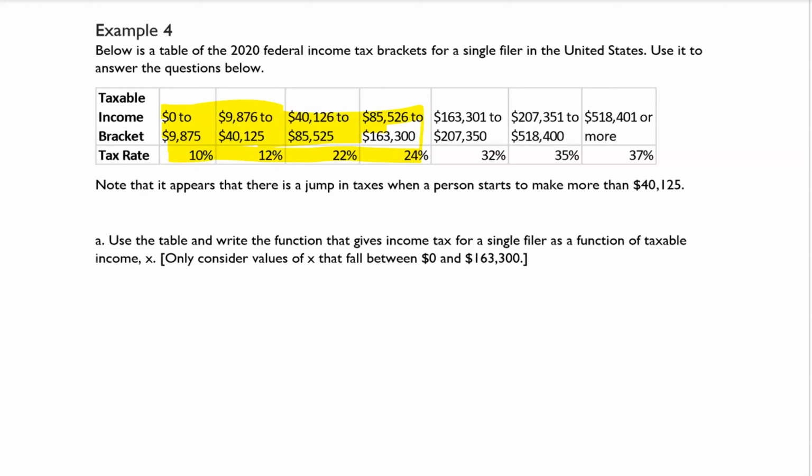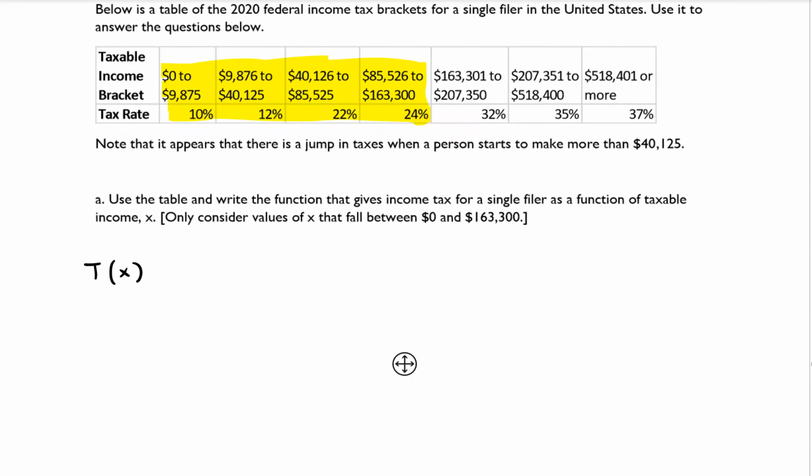Anything after that, that's for the mega rich people, and we're going to ignore those values for now, and we are only concerning ourselves with the first 4 columns of our table. So I'm going to call our function t of x.